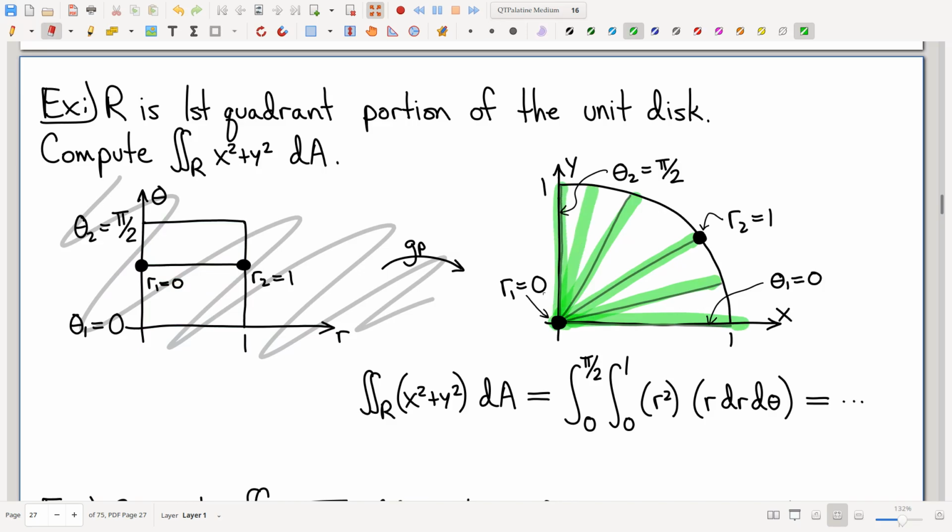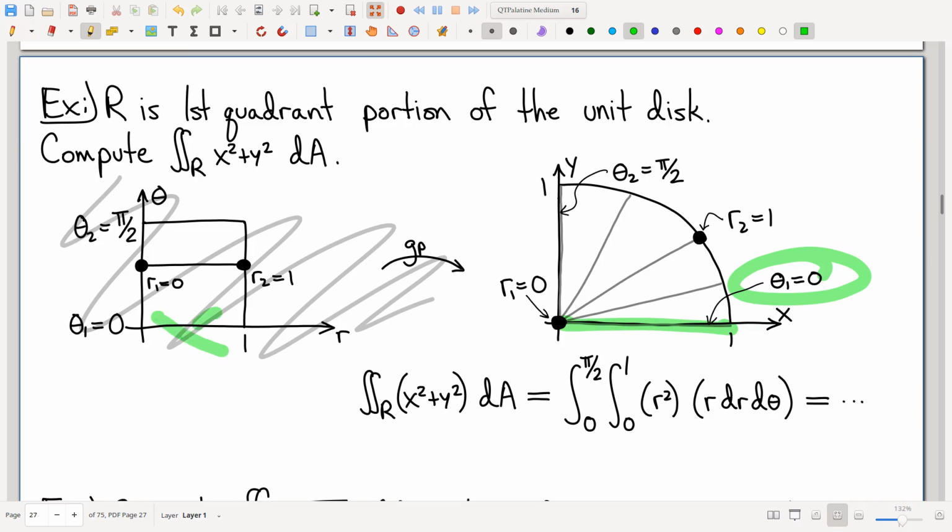And I can see clear as day right here, for example, that first slice is at theta equals 0, because that's, I mean, that's how polar coordinates work. That's the theta equals 0 line, right? So boom. I don't need to draw that over here. I can also see that as my slicing progresses, right, my last slice is going to be that one right there.